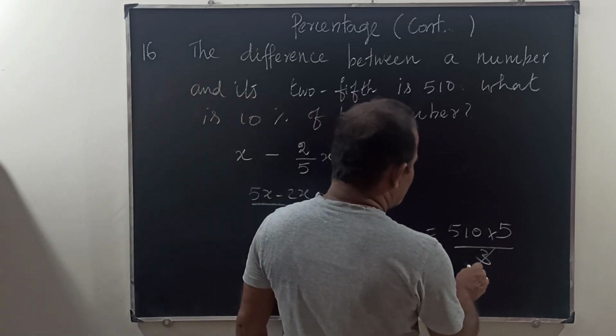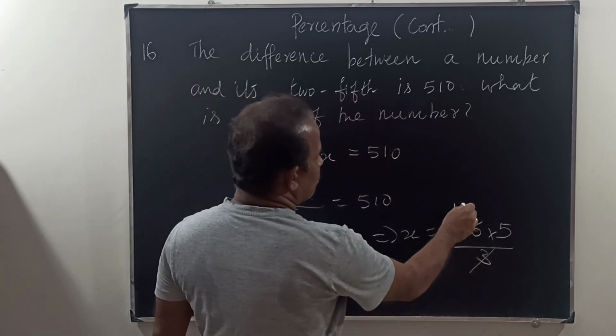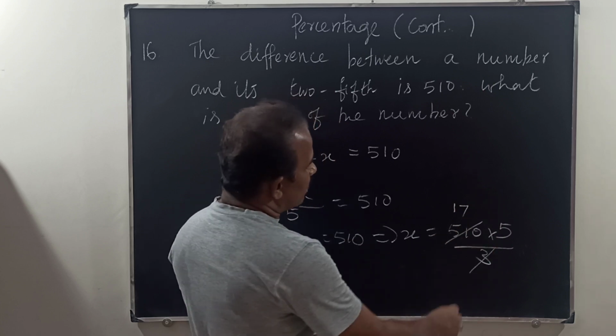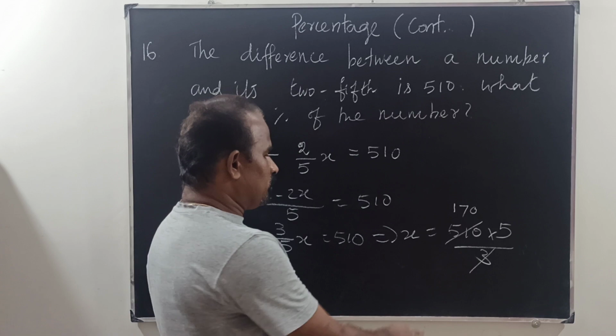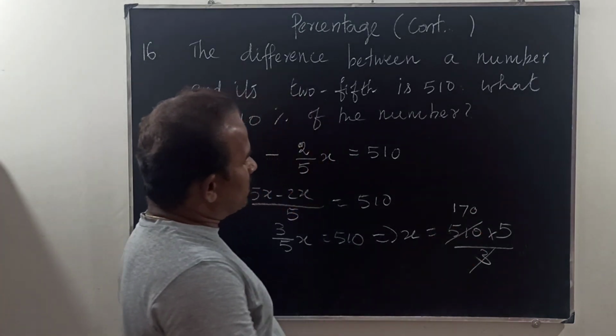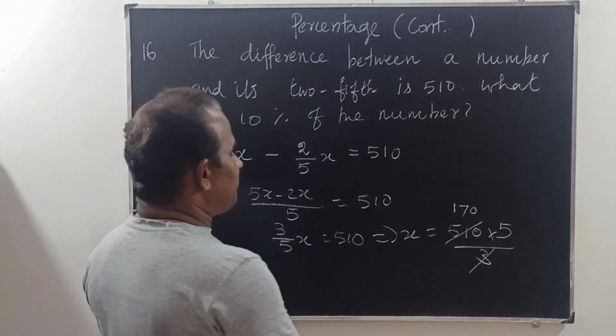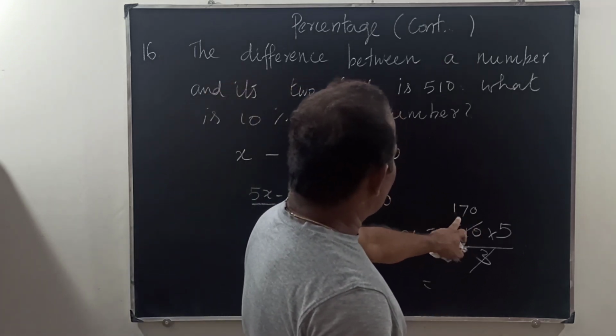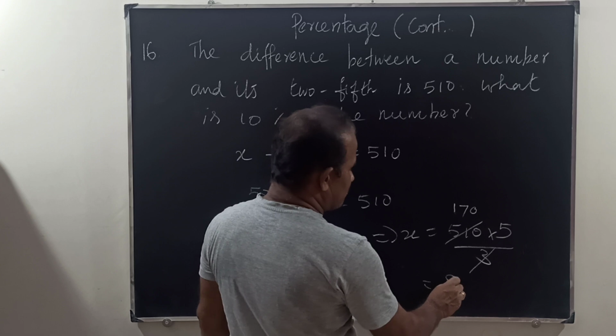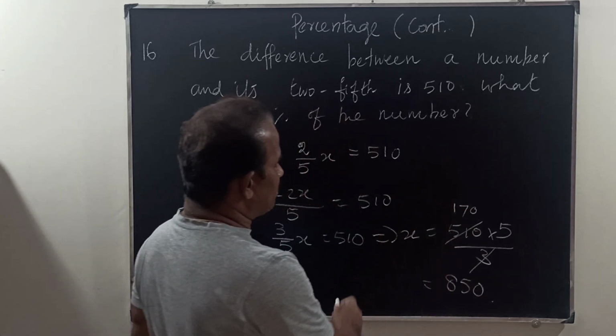So 7 3s are 21, into 170. So 5 times 170 is equal to 850.